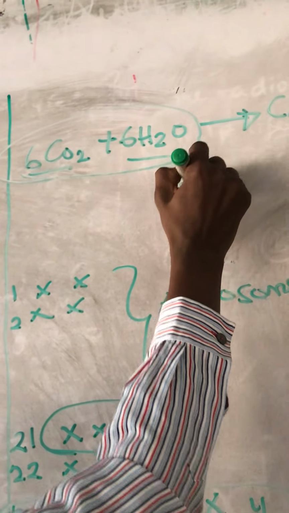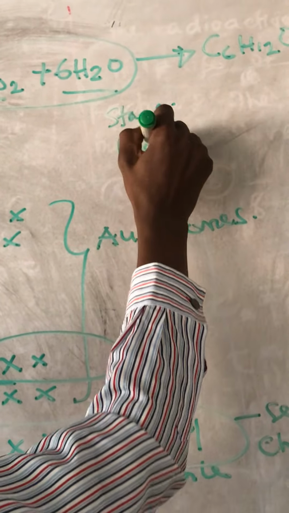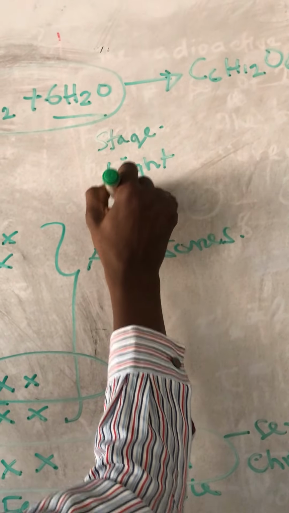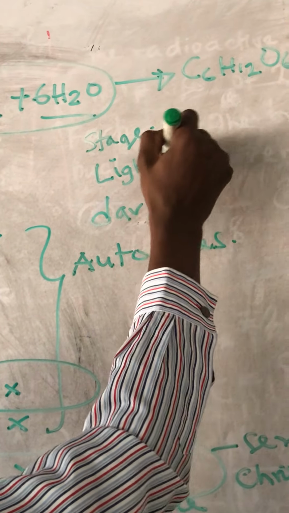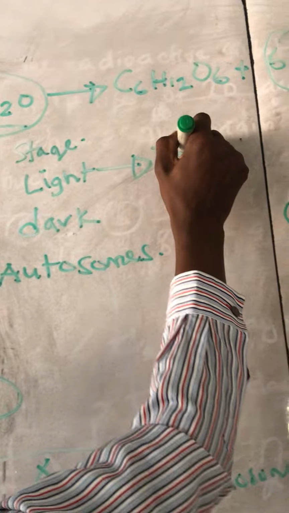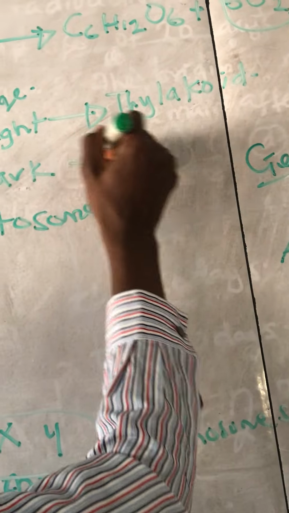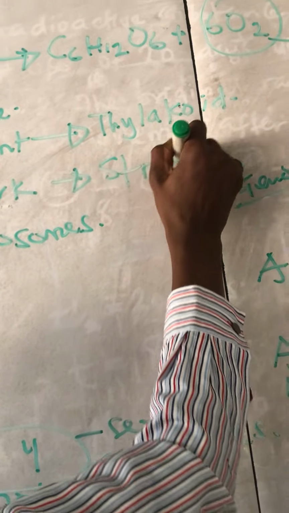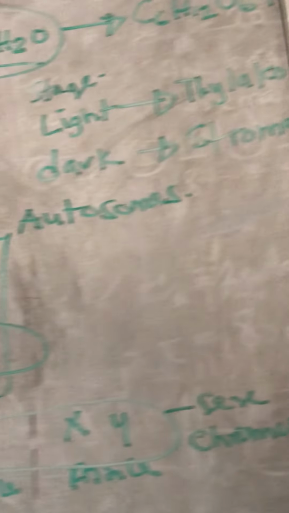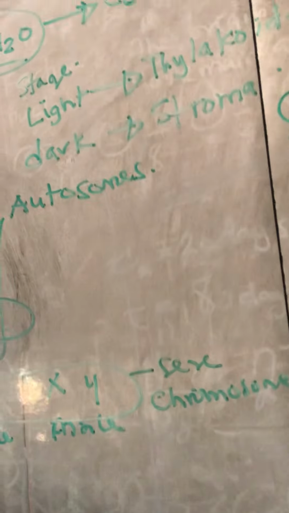Why? Because we have two stages of photosynthesis. We have the light stage and we have the dark stage. The light stage occurs in the thylakoid, while the dark stage occurs in the stroma. So what we now need to take note of is that under the light stage of photosynthesis, there is what we call the photolysis of water.